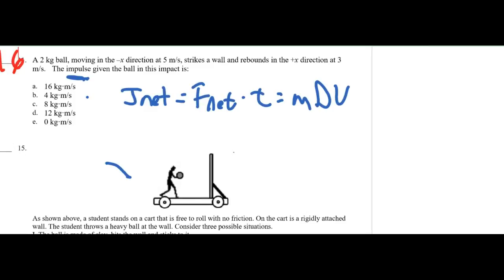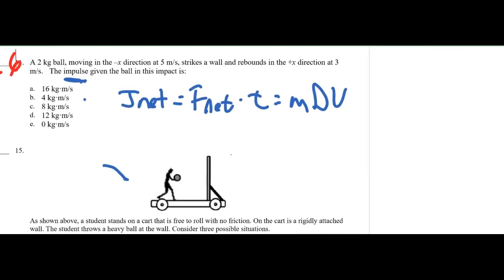I'm given mass with those kilograms. I'm given a velocity, but that's an initial velocity. I'm given a final velocity. That's all of these right here, so I'm looking for this. The mass we saw was 2 kilograms.